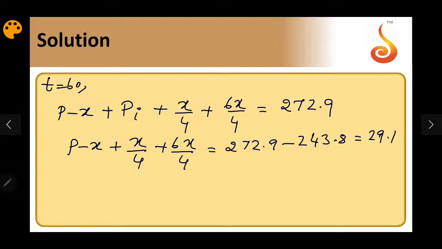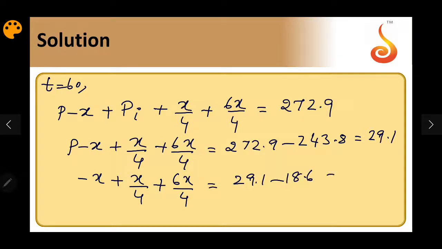P also I can take out, 18.6. So if I take minus x plus x by 4 plus 6x by 4 is equal to 29.1 minus 18.6. This comes to 10.5. So this 10.5 is equal to 3x by 4. If I take 4, this becomes 4x plus 6x, 6 plus 1 is 7, 7 minus 4, 3x by 4 is equal to 10.5.